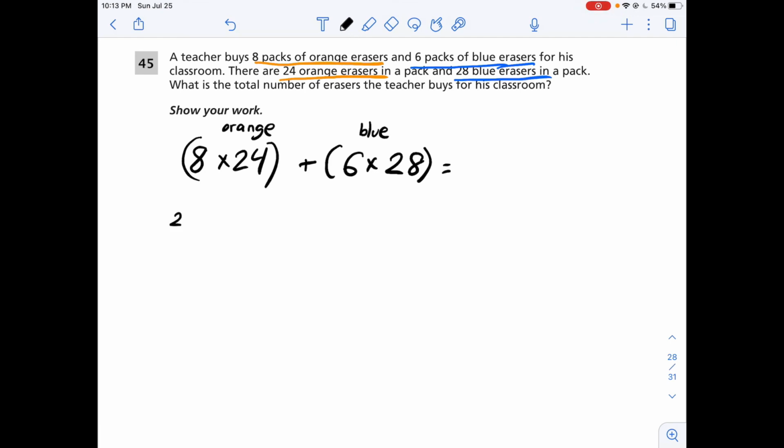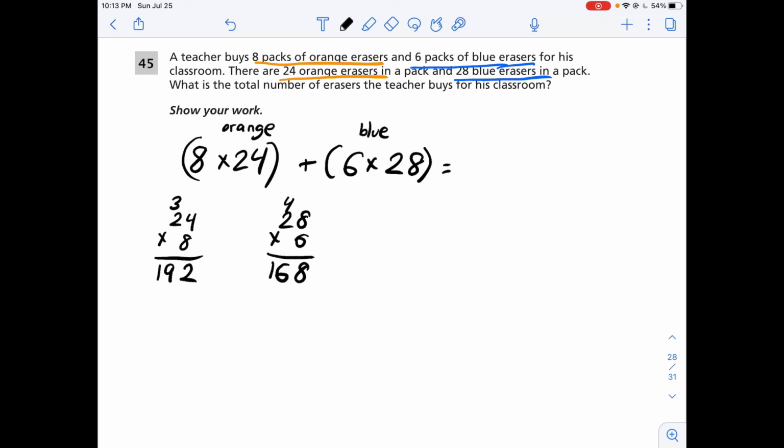So 24 times 8, 8 times 4 is 32, 8 times 2 is 16, plus the 3 is 19, so 192 orange erasers. 28 times 6, 8 times 6 is 48, 6 times 2 is 12, plus 4 is 16, 168 blue erasers.